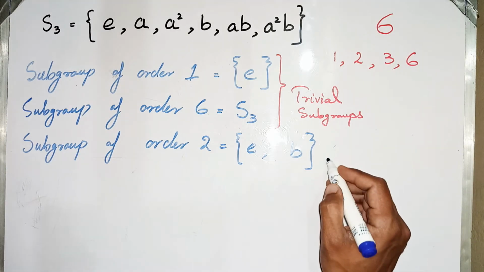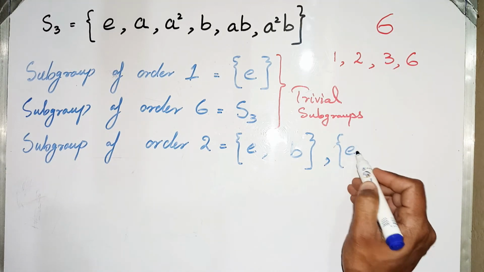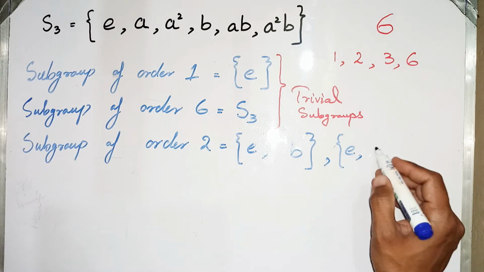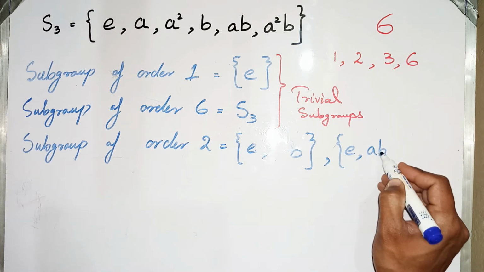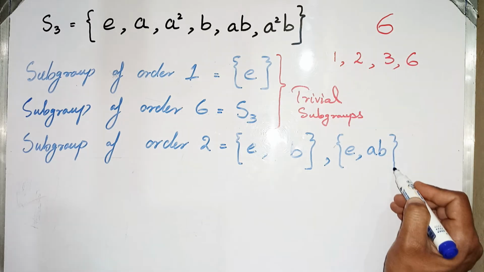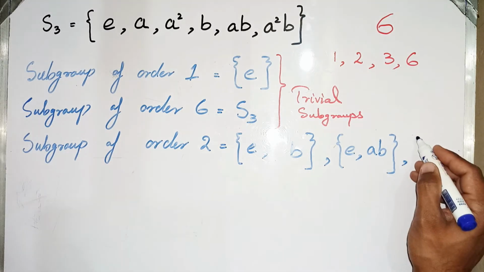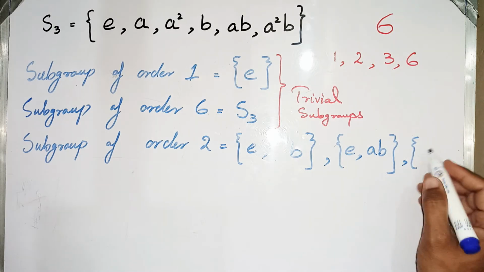Here you can make another subgroup of order 2. First you will select the identity element, then you can write the element AB, and the inverse of AB is itself. So this is also a subgroup of order 2. You can write another set.